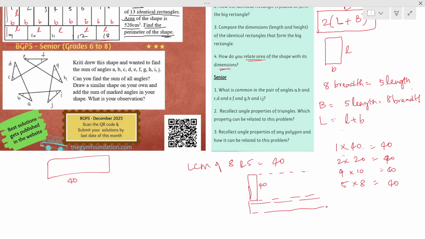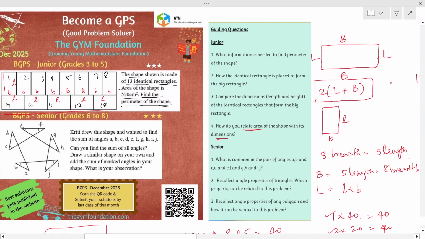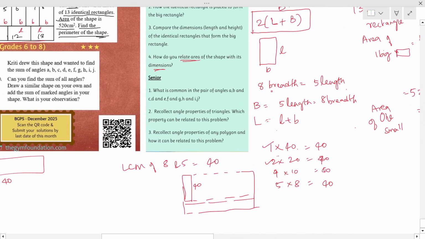So it will become a very big rectangle. So you won't get 1 times 40 or 2 times 20 either, because of an important point in the shape: 8 times breadth is 5 times length. So consider in the first case, this is breadth and this is length.